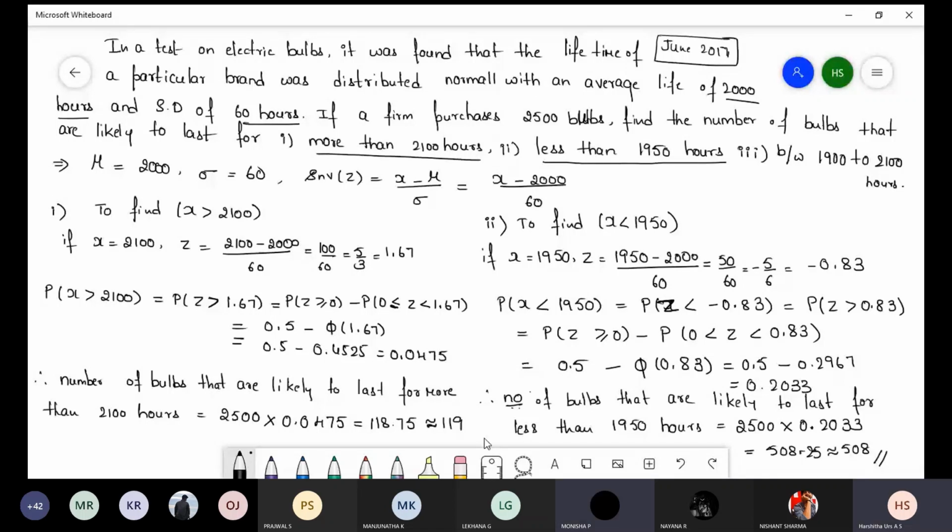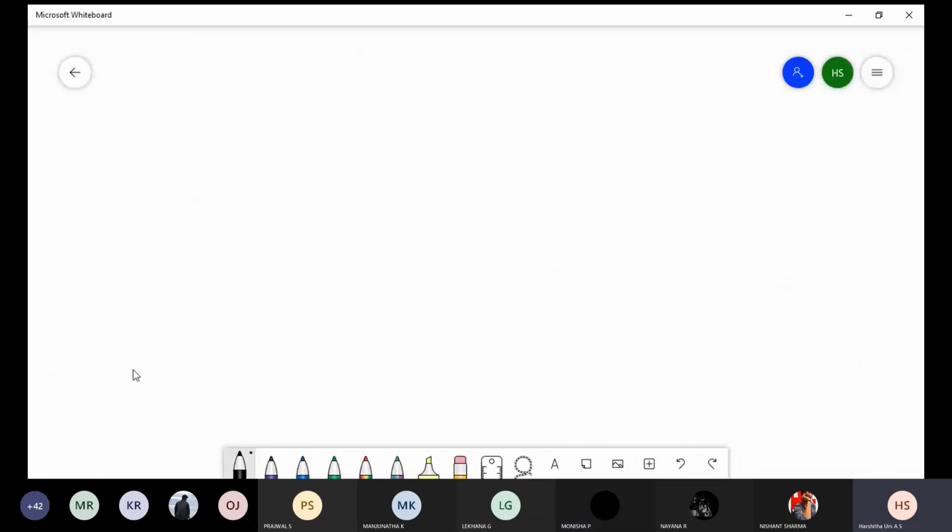Next, third one, between. That problem is between 1900 to 2100. So how do we write it?